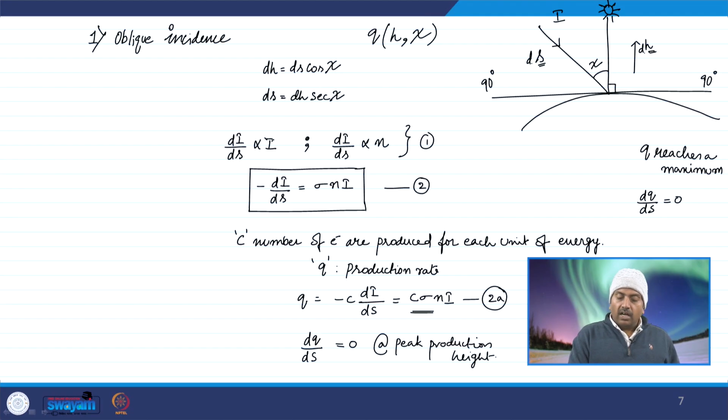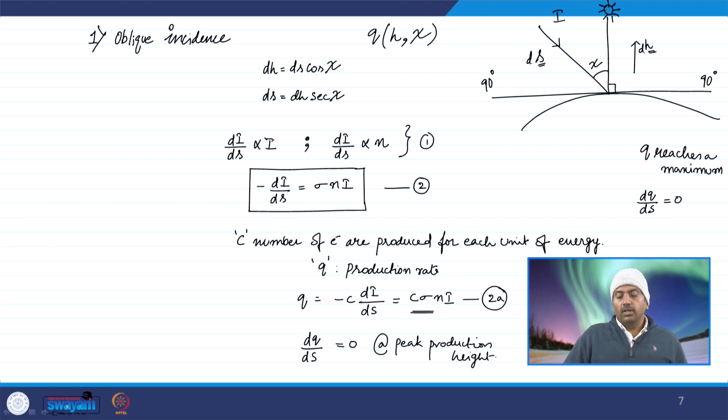Breaking this proportionality, we introduce a constant, a coefficient sigma, which is the absorption cross section, and we define for every unit of this intensity change along S, C number of electrons are produced. So, total number of electrons produced would be C times that, which is called as the production rate.